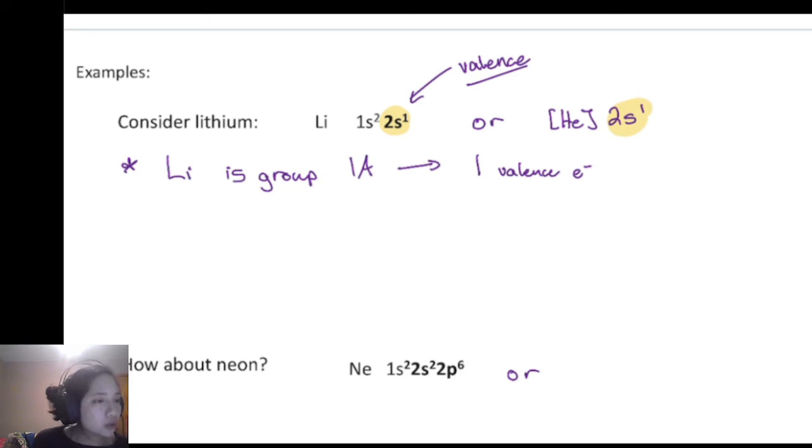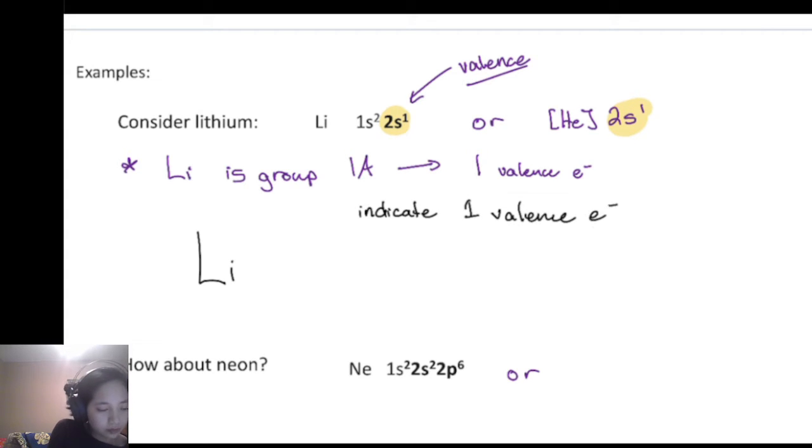All right, so to write out the Lewis structure, we just write the abbreviated element, and now we just indicate one valence electron on lithium. So we can just stick it right there.